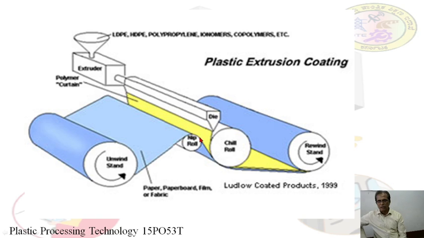Both are passed through the chill rolls where this molten plastic will be solidified, and when it passes through the nip rolls, it is fixed onto the substrate, and then it is wound over the rolls. As we could see, this way the extrusion coating is done.